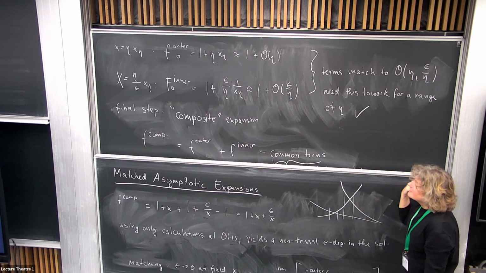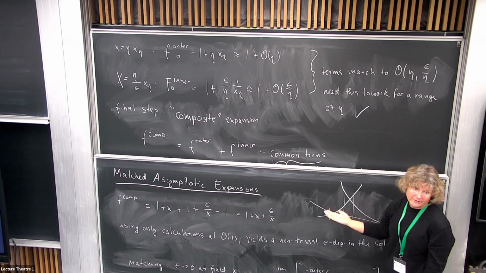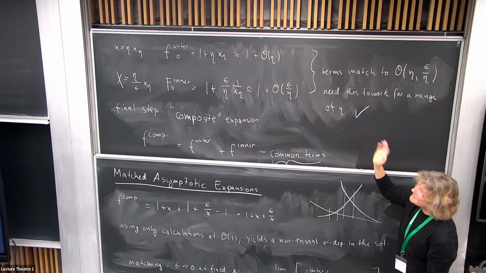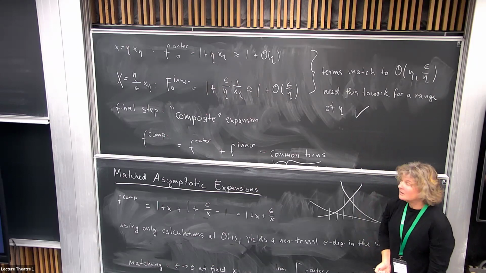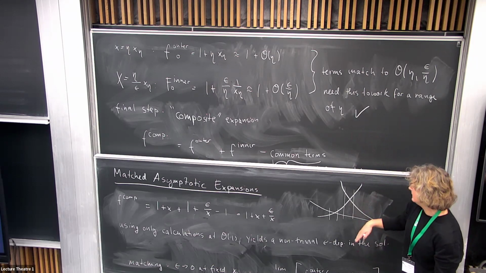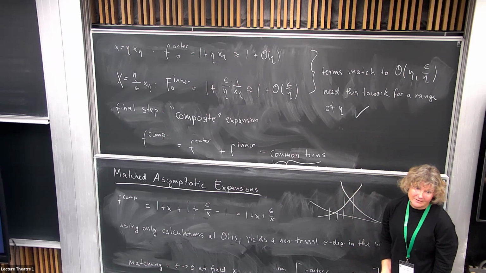In physical applications, epsilon will be some physical parameter set by your system, and then you know if you can live with this error or if you need to go to higher orders to reduce it. Or you might find that there is no longer an overlap domain and you need another expansion to better describe the system.